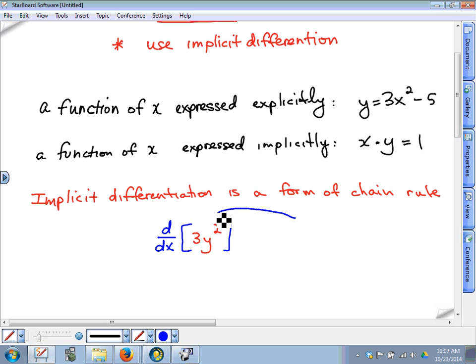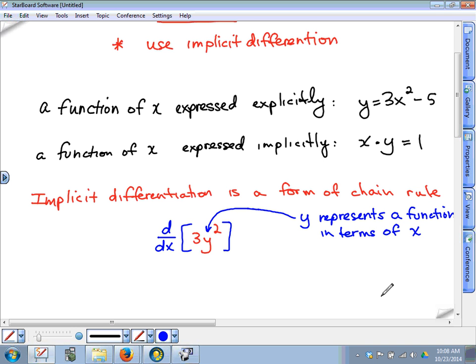So please write down and try to consider everything I'm saying. We need to consider y not just as a variable that represents a number. We think of y as representing a function in terms of x. So y does not represent a number.